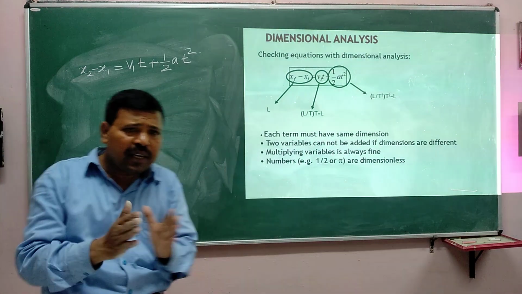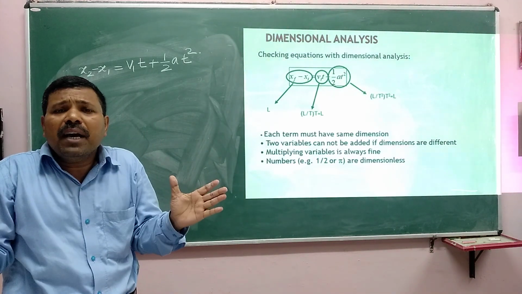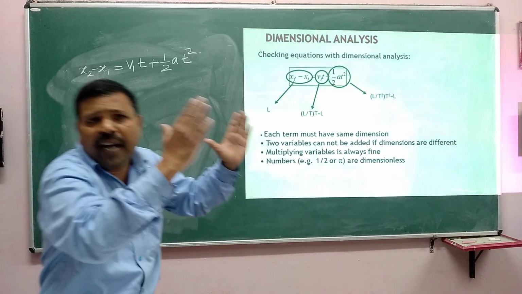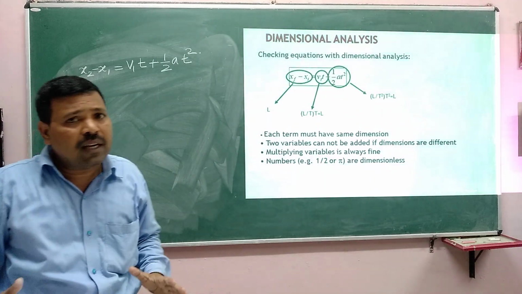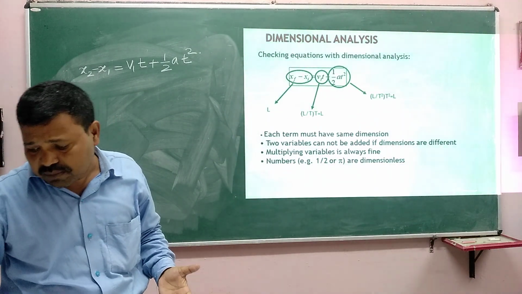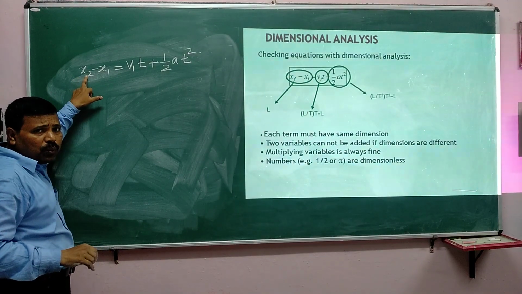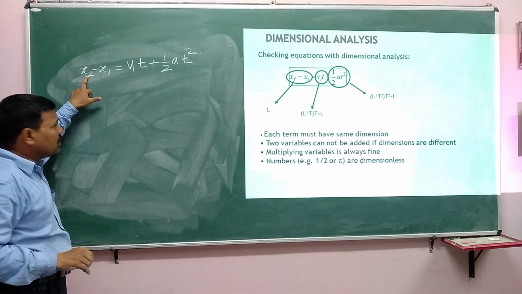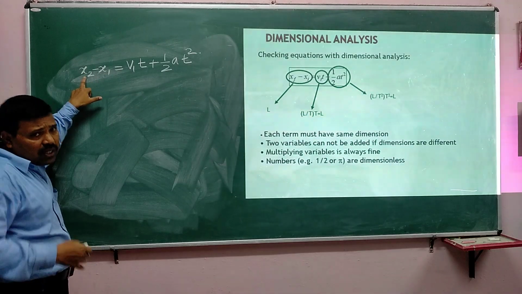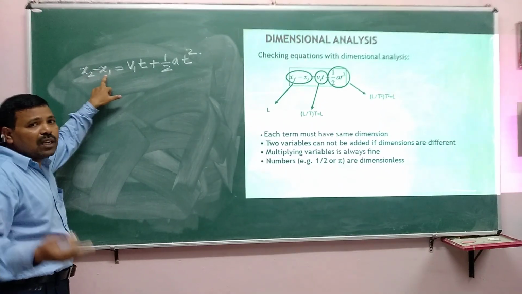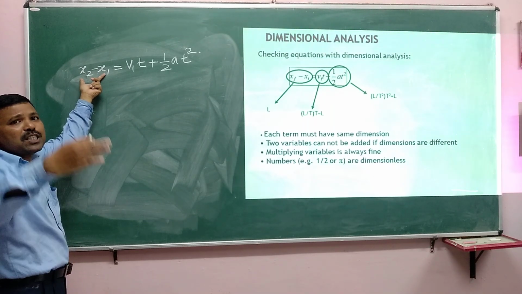The idea behind this is the left hand side dimensions must be equal to the dimensions of the right hand side terms. x2 is the final position. x1 is the initial position. This is change in position. This we call the displacement.